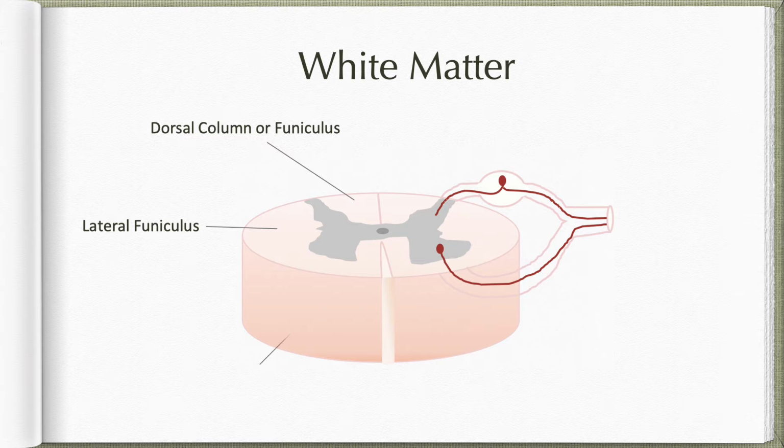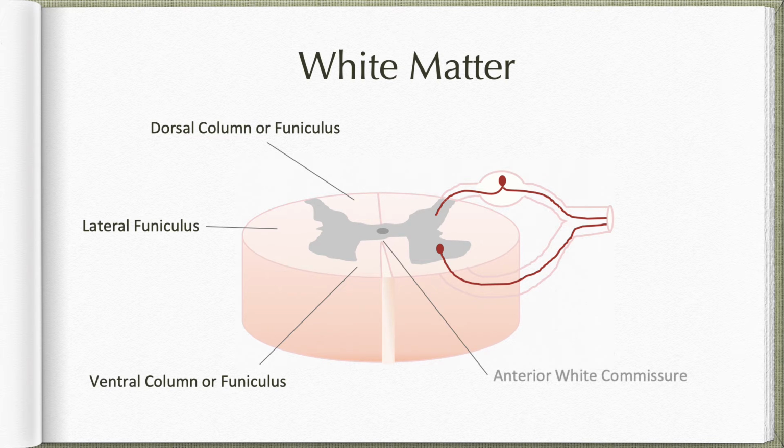The part of the white matter which is located between the anterior median fissure and the point of exit of the ventral roots is called the ventral column or ventral funiculus. The white fibers which are crossing in front of the grey commissure and behind the grey commissure are called the anterior white commissure and the narrower posterior white commissure.